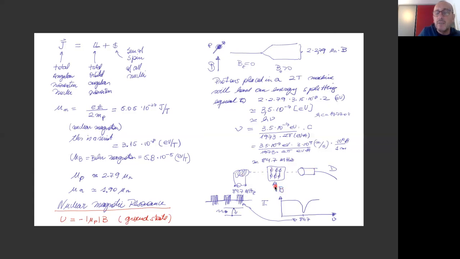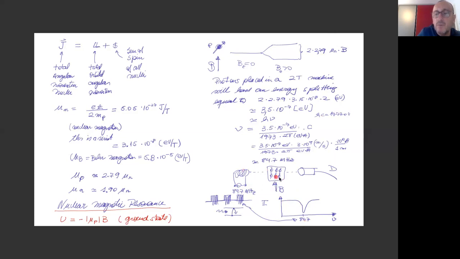But when I apply a magnetic field, in this case 2 Tesla for example, and I tune the frequency, which I can change, you can see that the transparency of this thing will be almost perfect unless you get to 84.7.